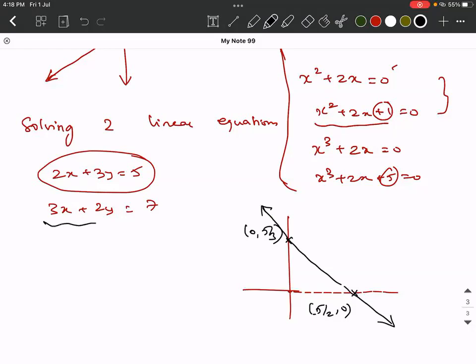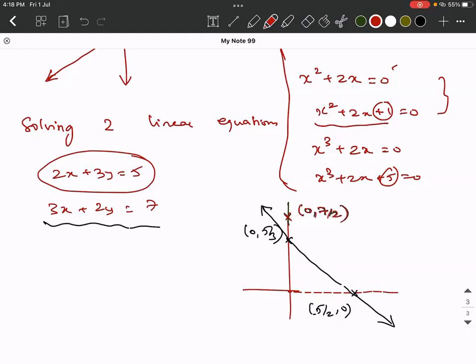Similarly, I have 3x plus 2y is equal to 7. When I put x is equal to 0, y is 7 by 2. Is it greater than 5 by 3 or less than 5 by 3? Greater. So it is going to be somewhere over here. This will be (0, 7/2). I'll use another color now.